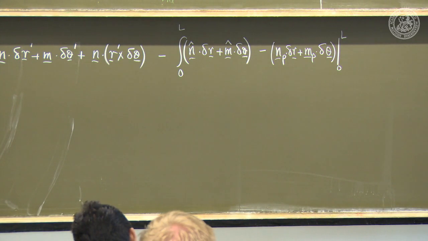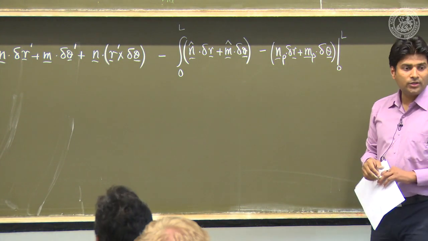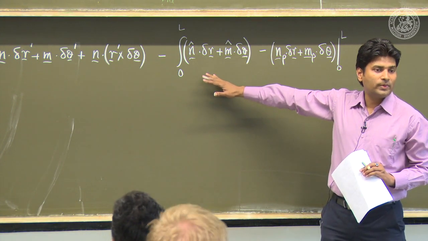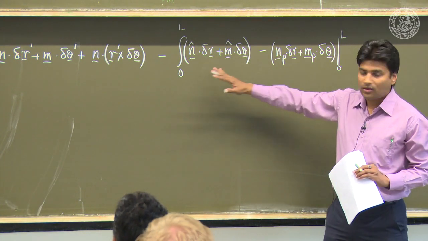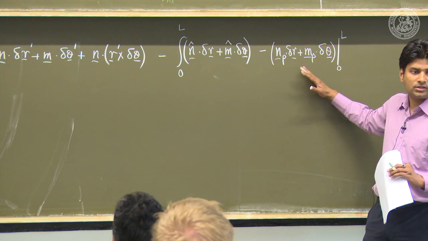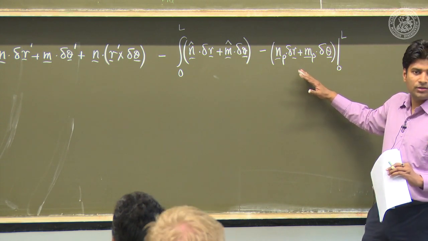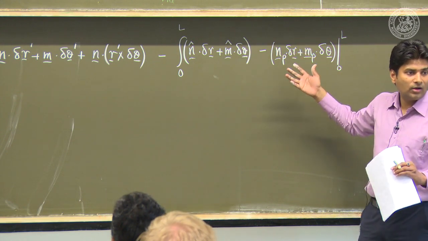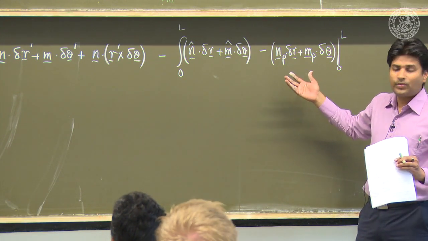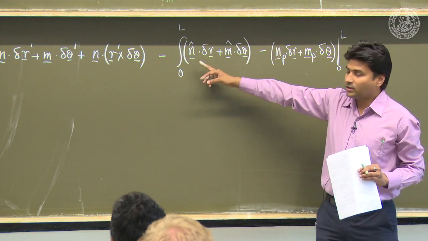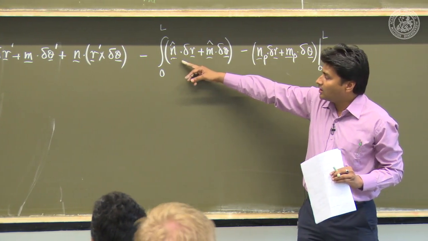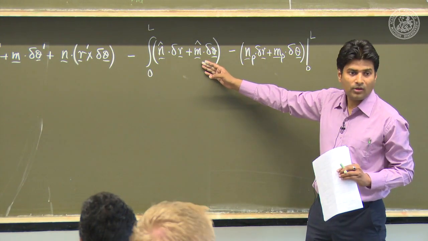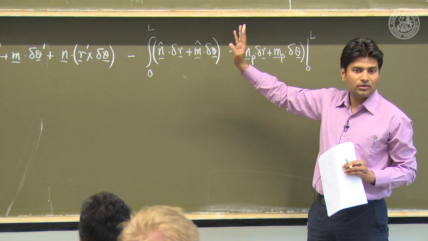Okay, and what we have to note here is that this term over here is also prescribed by the external agent, and this term over here is also prescribed by the external agent. So these are the terms coming due to external loads. If there is no distributed load, n hat will go away, and if there is no distributed moment or couple, this also goes away.